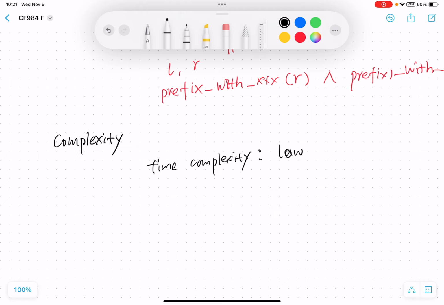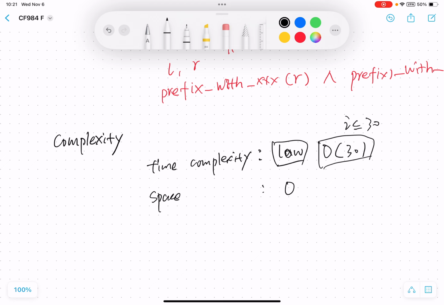So for every query it will always be O(30), because I is less than 30. So the time complexity is this range. The space complexity is the same. We don't need extra space, so space complexity maybe O(1).